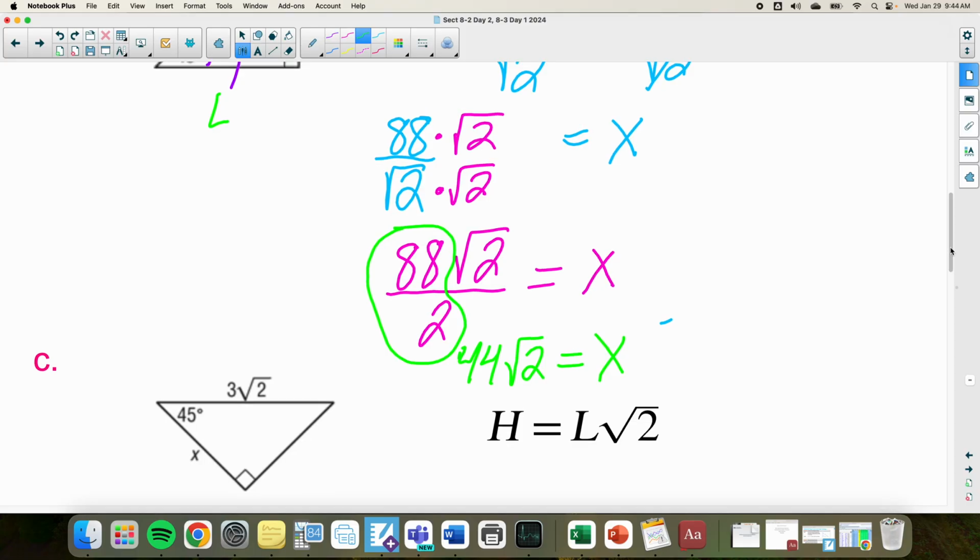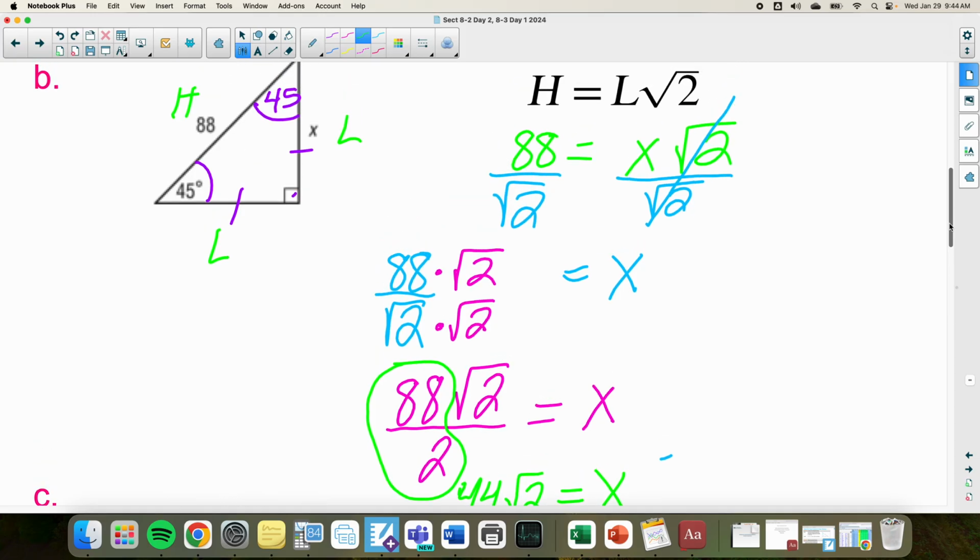Now, let's say you're like, I'll worry about simplifying that when I get to Algebra 2 next year. What you could do instead is just divide that on your calculator and get it as a decimal.